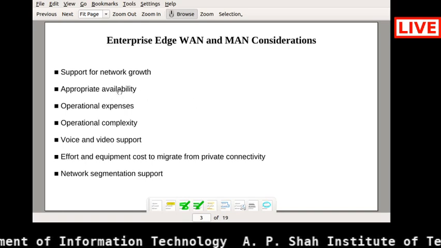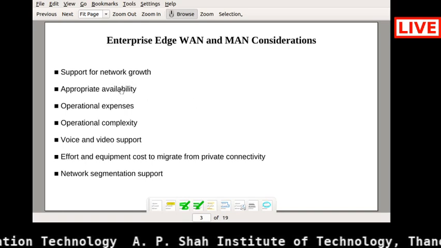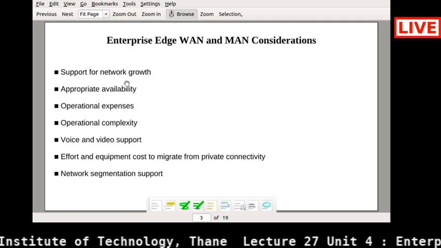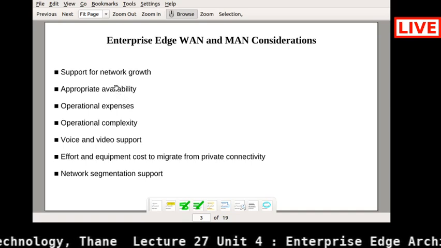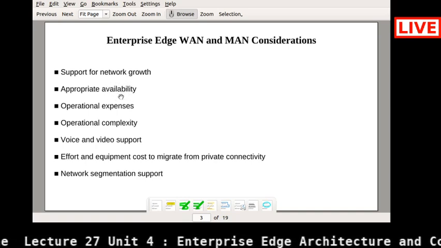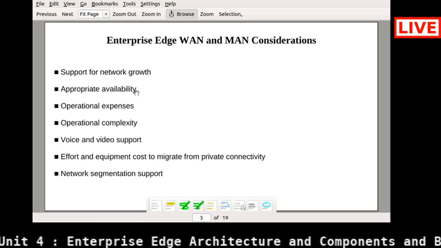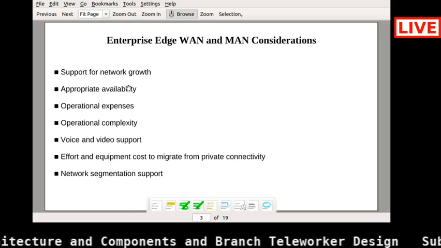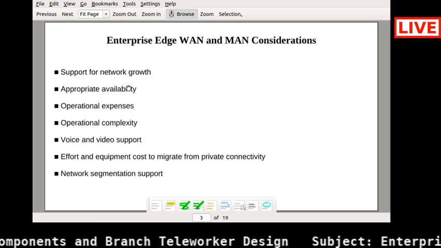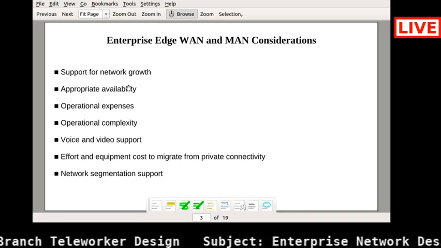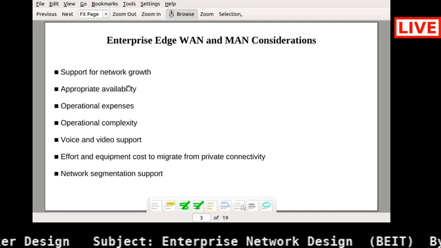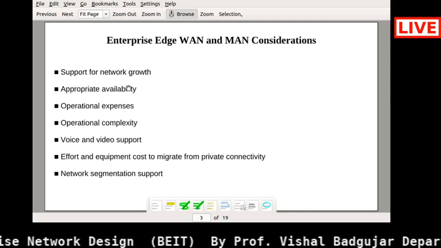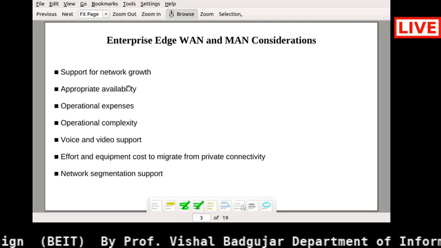Then the second one is appropriate availability. Availability is one of the major areas for any reliable network, because 24 by 7 by 365 days some critical applications will be working on that enterprise network, and it must be available. In order to achieve that, you need to choose a connectivity technology that provides high availability. You also need to provide redundancies so that no single point of failure exists in that network.